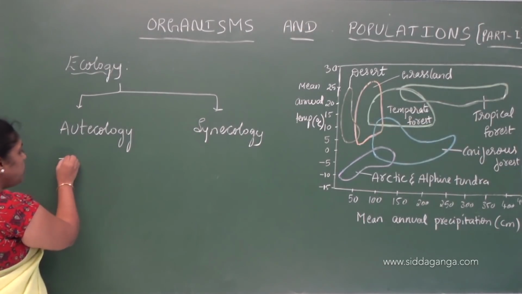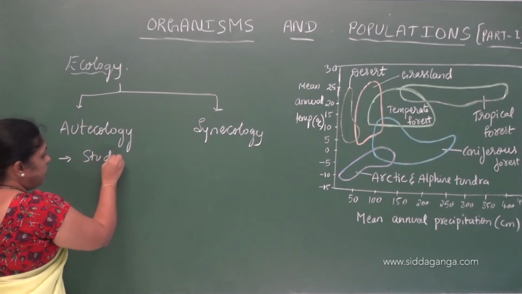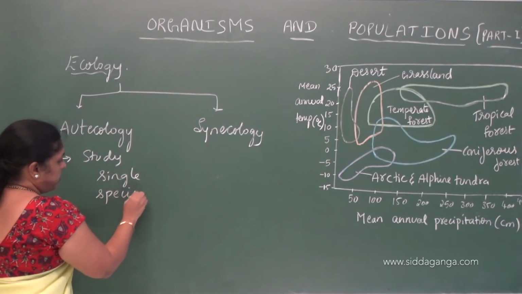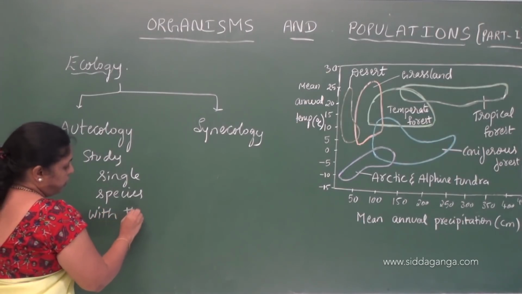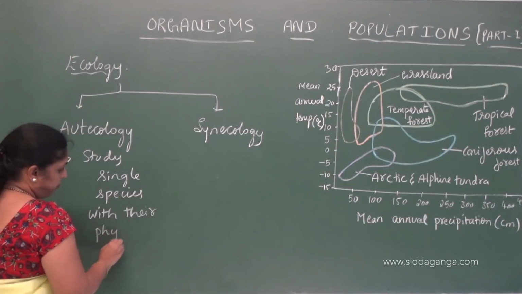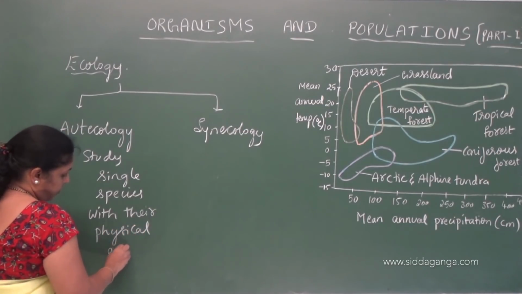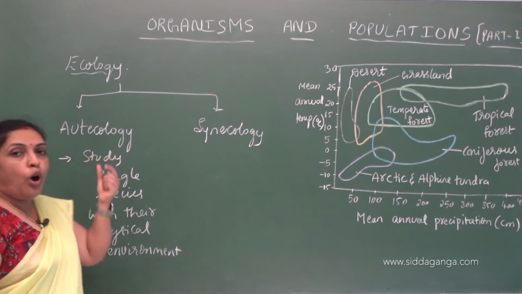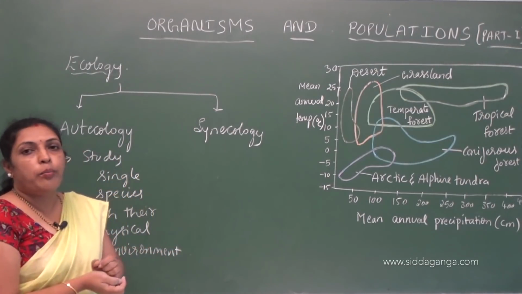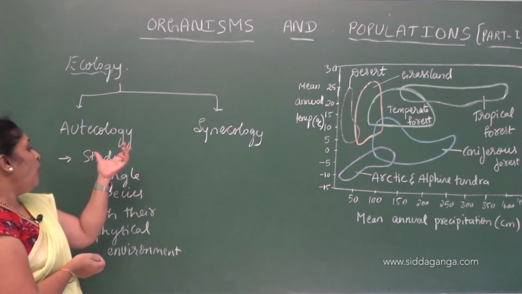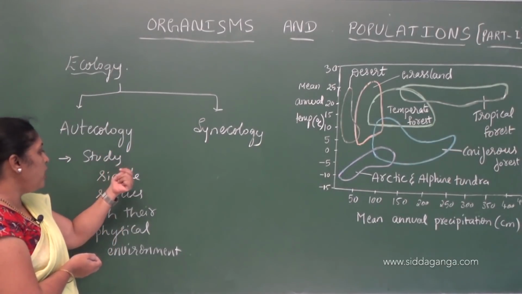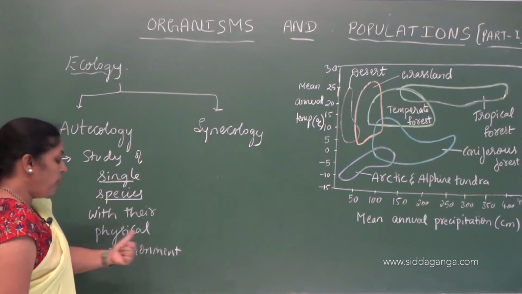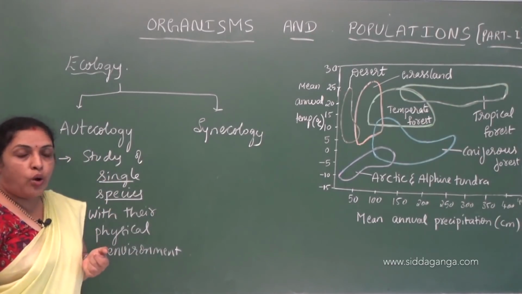In autecology we study a single species with their physical environment. Auto means we are going to study only one type of organism, or a single species. The study of a single species with its physical environment is called autecology.